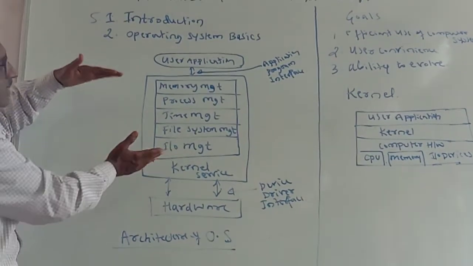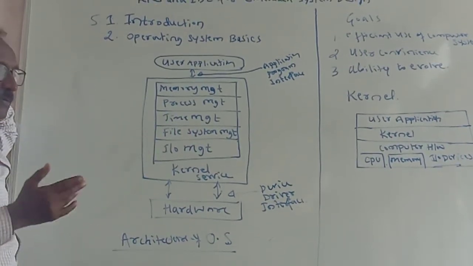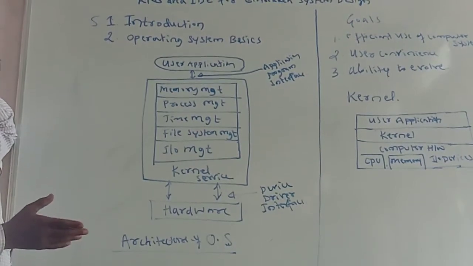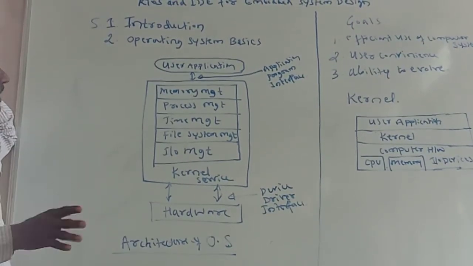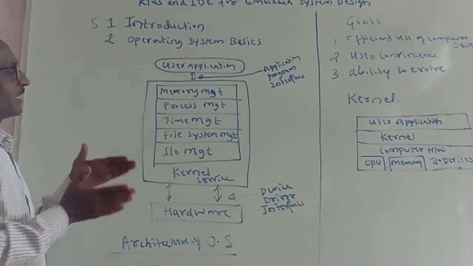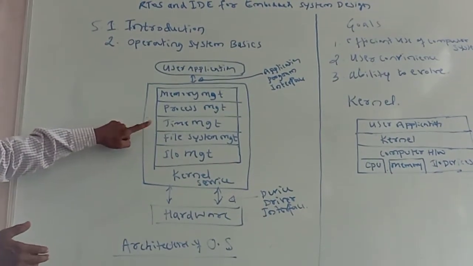You can manage these files and folders drive wise, according to a certain level of task, which is known as file system management. The number of files, input and output files, are to be managed in a systematic way. That facility is provided in the operating system.